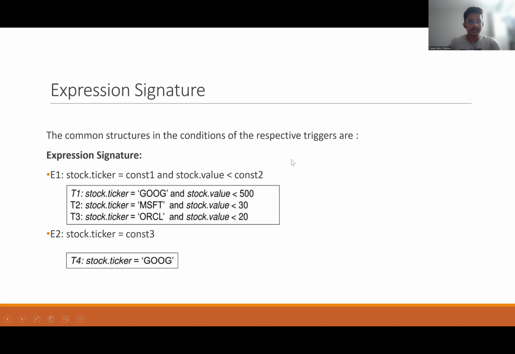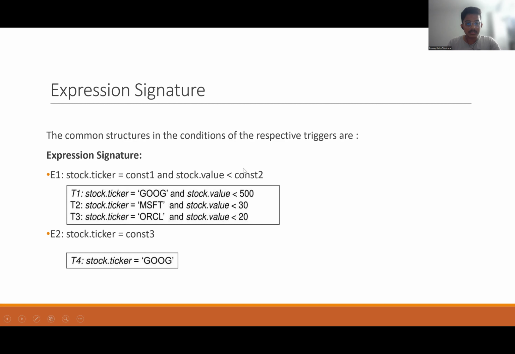Now coming to the expression signature. This expression signature captures the common structures in the conditions of the respective triggers. Let us say the T1, T2, and T3 triggers use two constant values, and the T4 trigger uses one constant value. For the T1, T2, and T3 triggers, the common structure that is used is stock.ticker is equal to constant 1 and stock.value less than constant 2.